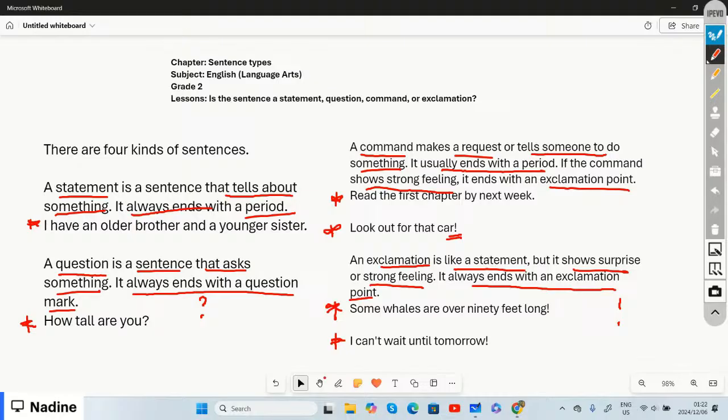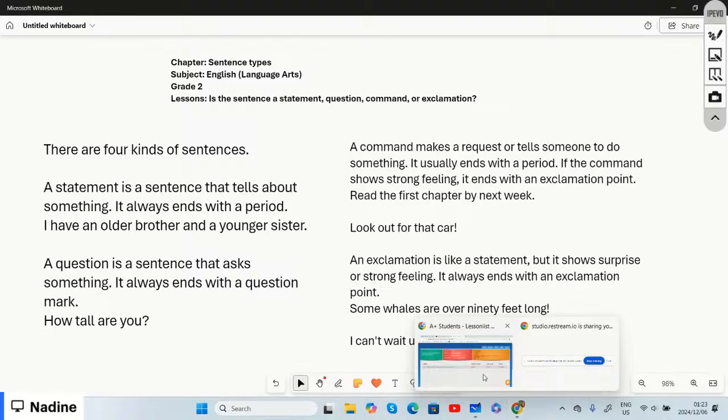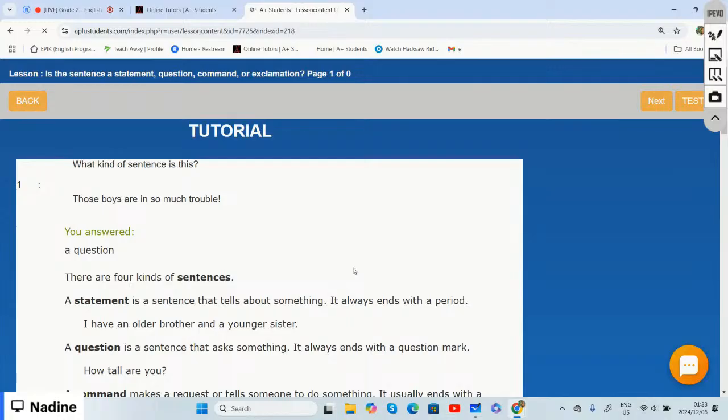All right. So now we're going to A plus students.ca and we're going to look at the four different kinds of sentences. And then we're going to our test. So we're going to say, is the sentence a statement? Is it a question? Is it a command? Or is it an exclamation?